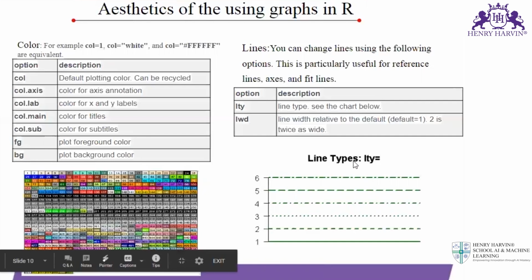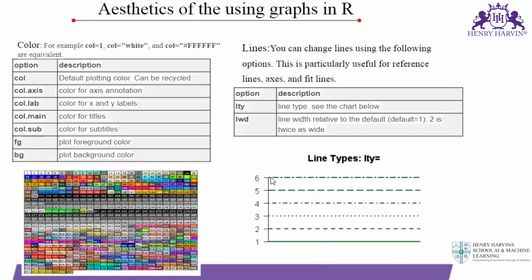So if you want the line type to be 6, you can do lty equal to 6. So it will be like the top line you can see, with the small dash and the bigger dash. Then there is line width. For that the command is lwd. You can always make the line big, or it can be a thin line.